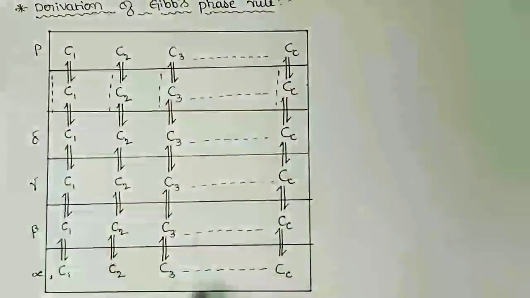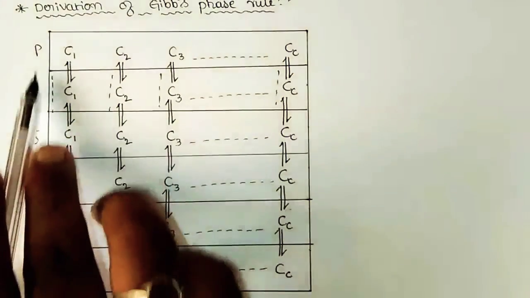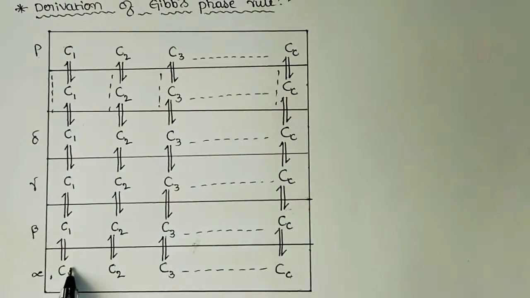Here we have a system consisting of components C1, C2, C3 up to component C, which are distributed in the phases alpha, beta, gamma, delta up to P number of phases. As a whole, the system consists of a total of C components distributed in P phases.